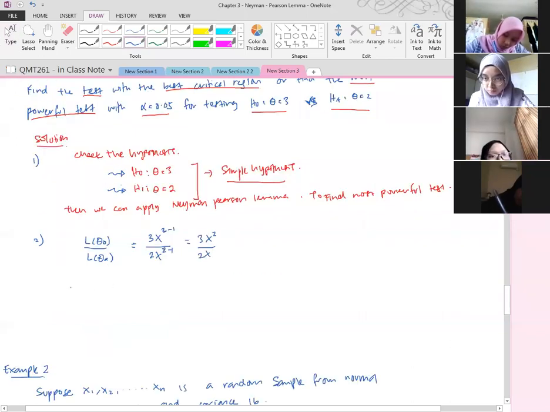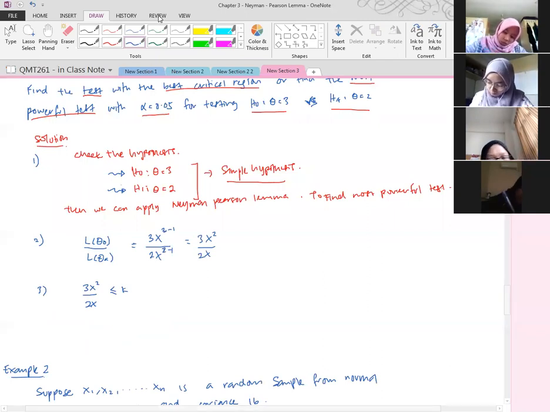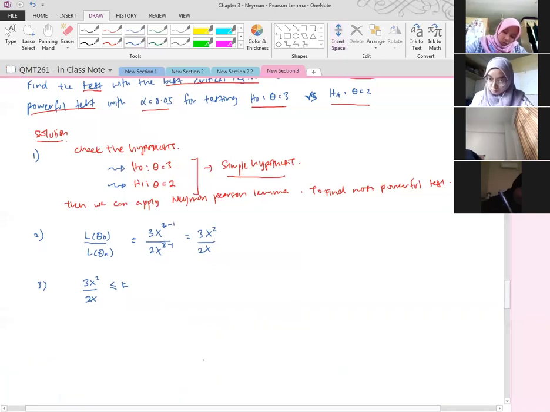Then next, step number 3. 3x power of 2 divided by 2x is less than or equal to k, because we want to find the rejection area first.